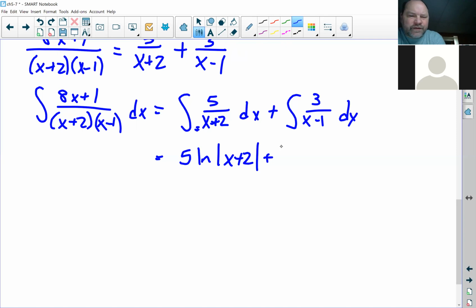Same thing here. We've got that constant 3 out front. We're going to get the ln of x minus 1. We're going to add a constant to it.